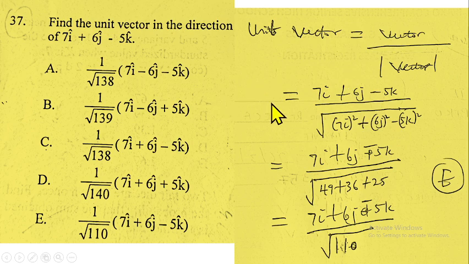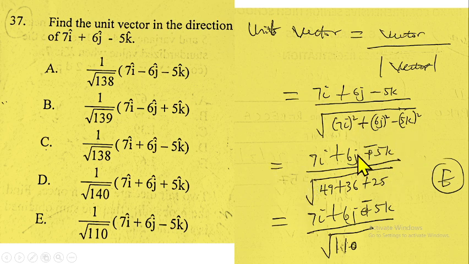So the vector is 7i plus 6j minus 5k over the modulus, which is the square root of the square of each of the components. So 7 squared plus 6 squared plus minus 5 squared.